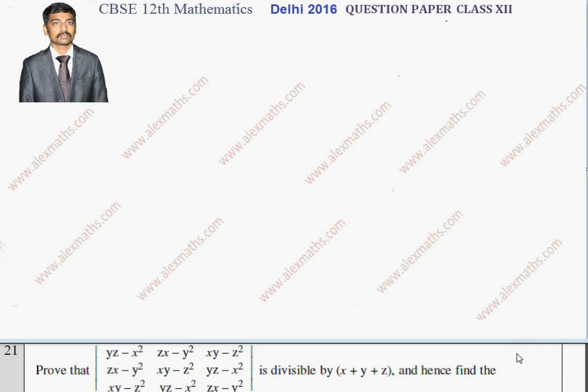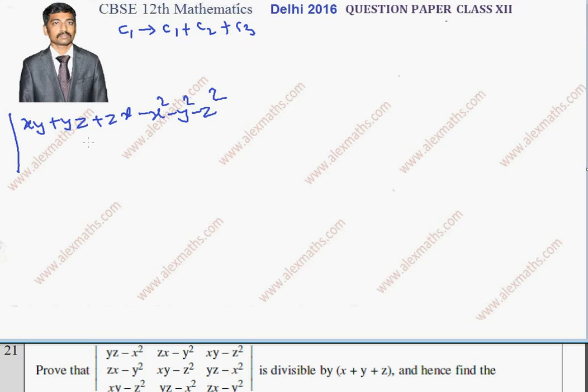Question number 21. Prove that the given determinant is divisible by x plus y plus z and hence find the quotient. For the given determinant, I am going to do C1 gives C1 plus C2 plus C3. So the first column will become xy plus yz plus zx minus x square minus y square minus z square.